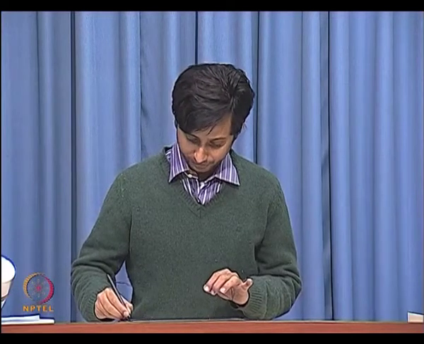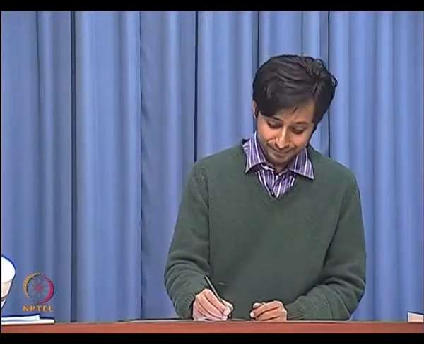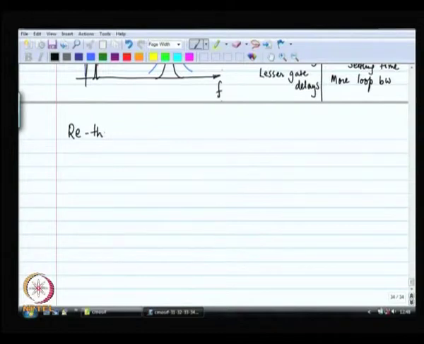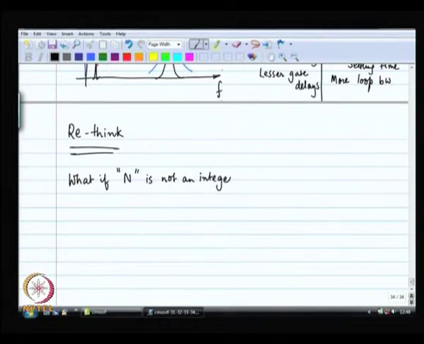The other possibility is a rethink. What if n is not an integer? Okay. Let us rethink.